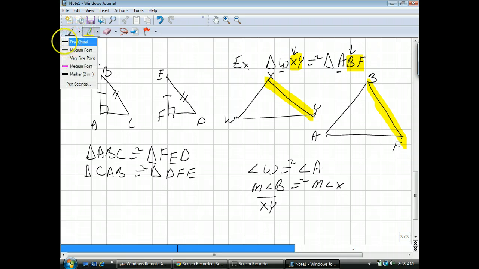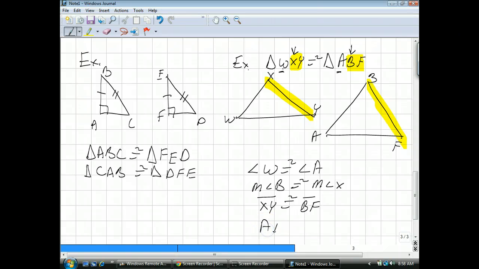And so if they correspond and the triangles are congruent, then the segments have to be congruent. So XY has to equal BF. So then length of AF, well, AF corresponds to WY. So then those have to be the same length, okay?